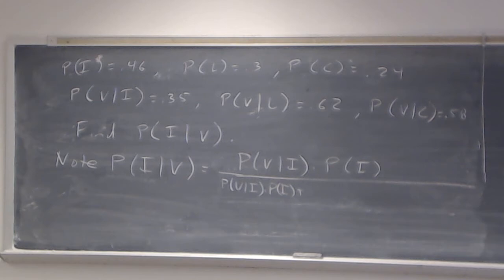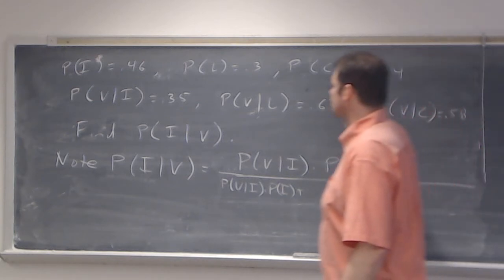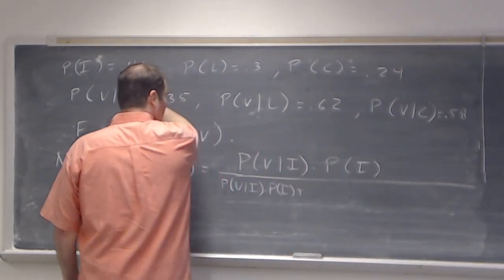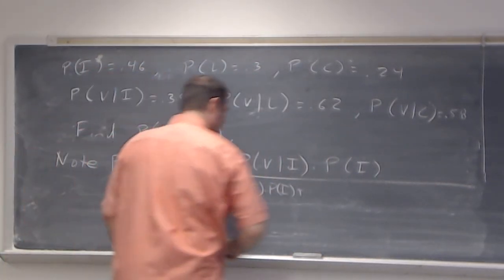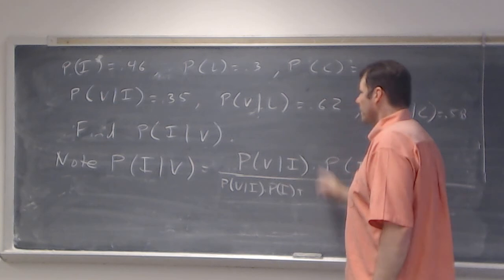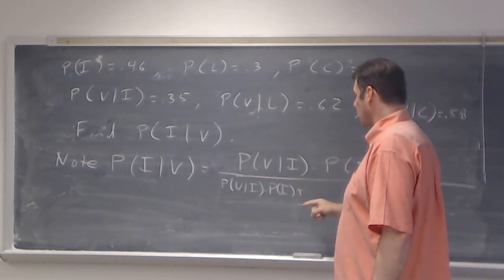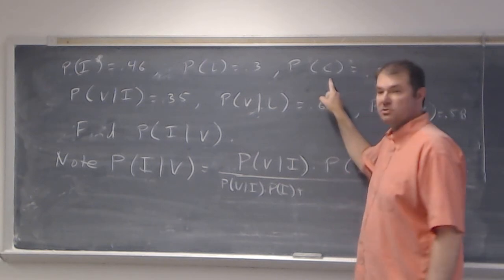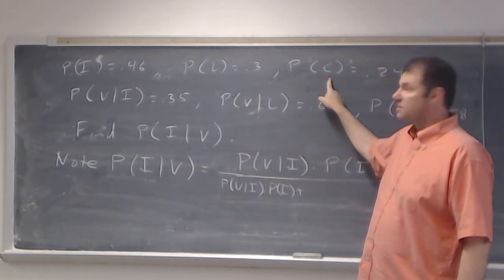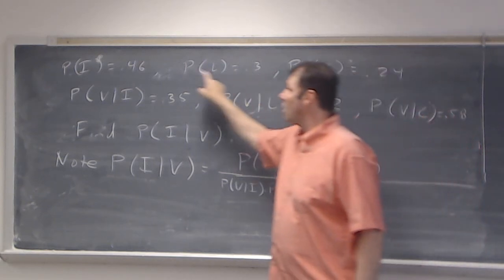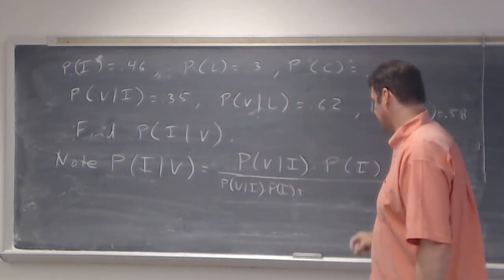If you add up their probabilities, you get 100%. So I'm using Bayes' theorem here with the mutually exclusive and exhaustive sets being C, L, and I, conservative, liberal, and independent.